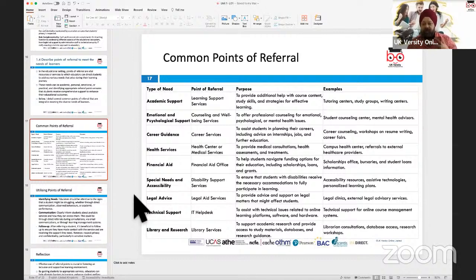But when we specifically talk about children, learners, students, whichever way you address them, we are looking at these common areas as points of referral. Academic support would say what kind of learning support they need.